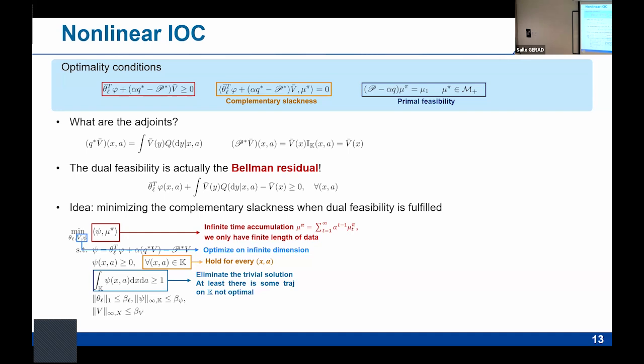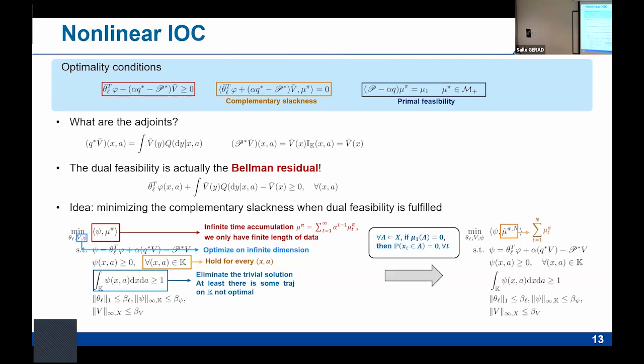And you have to add these regularity conditions to eliminate the trivial solution. Basically, with objective function zero, it is optimal for every trajectory. So you have to show that there are at least some trajectories on the entire state and action space that are non-optimal. This is basically to eliminate that.